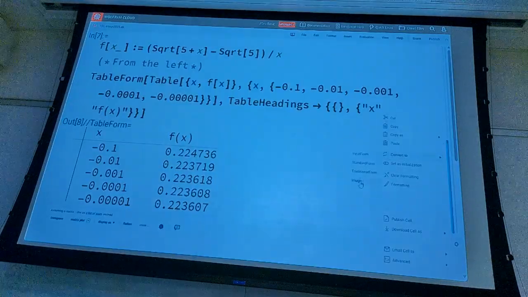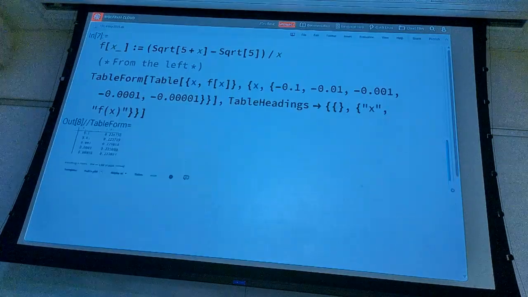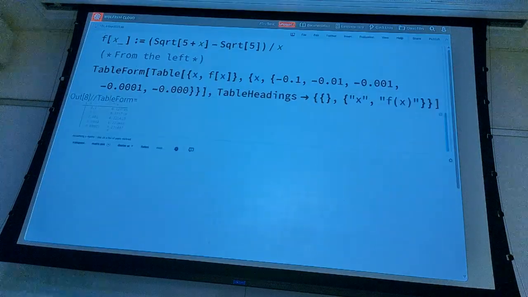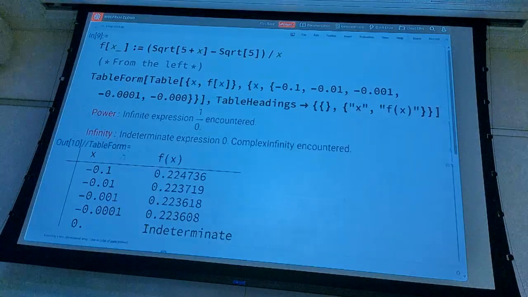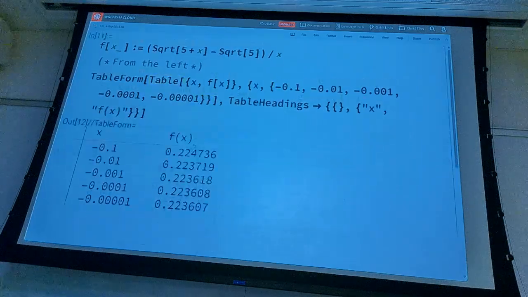Convert to image. And it's still cutting it off. I don't like that. Let me re-execute that. Oh, oops, deleted those for some reason.